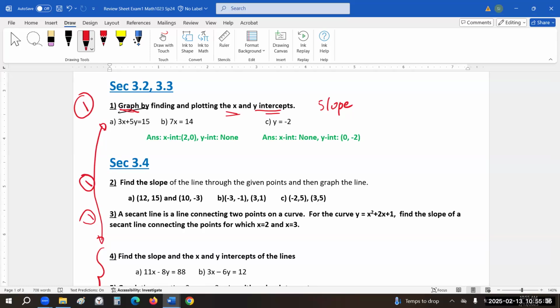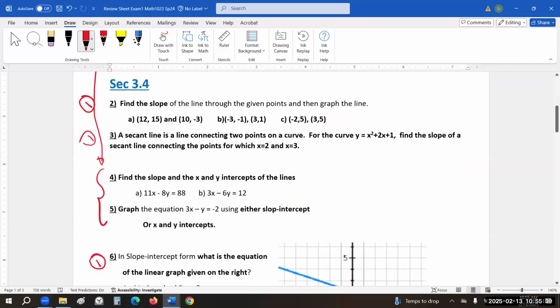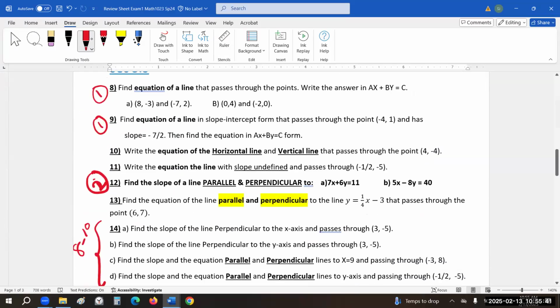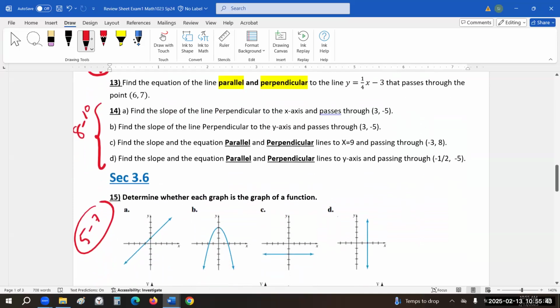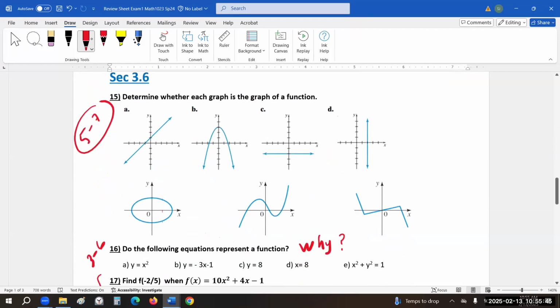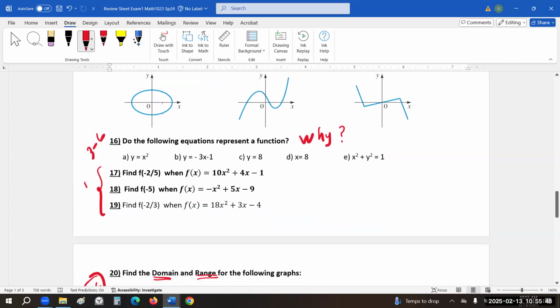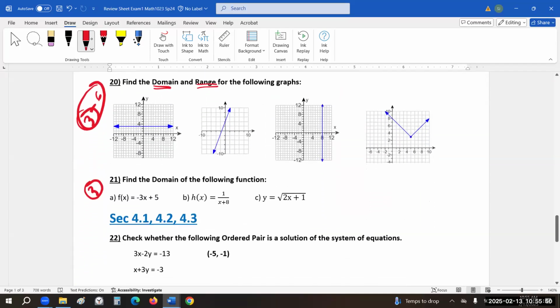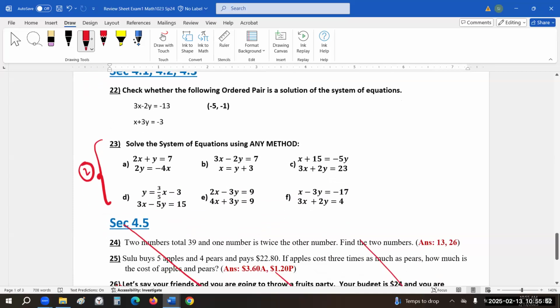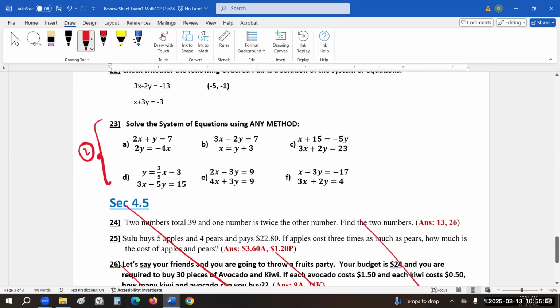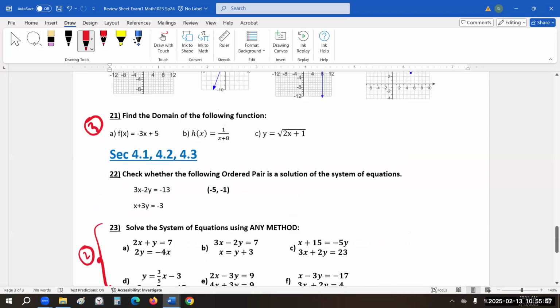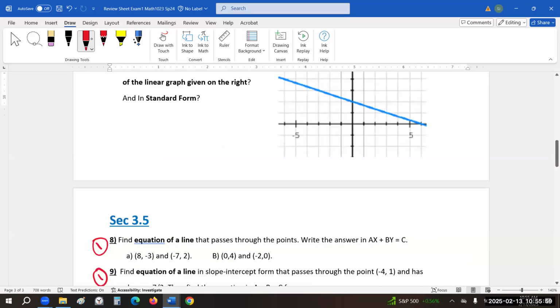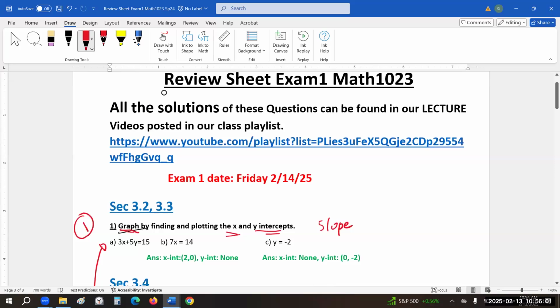How many questions? 1, 2, 3, 4, 5, 6, 7, 8, 9, 10, 11, 12, 13, 14, 15. 15 questions with multiple parts. And half non-multiple choice, half multiple choice. For multiple choice, no partial credit. For non-multiple choice, you're going to get partial credit.